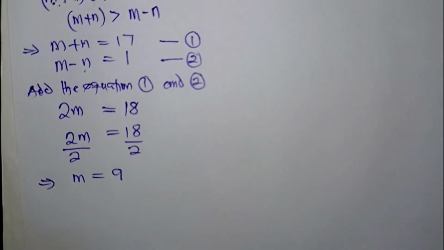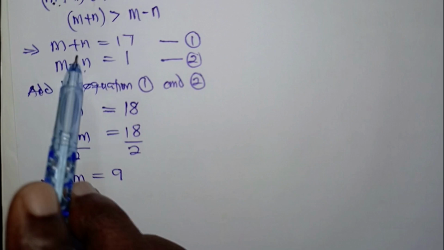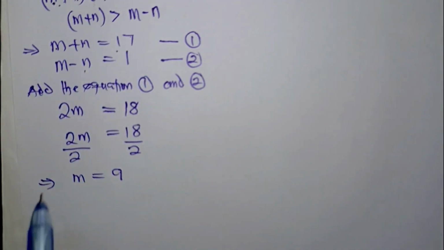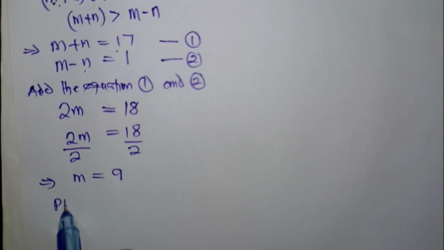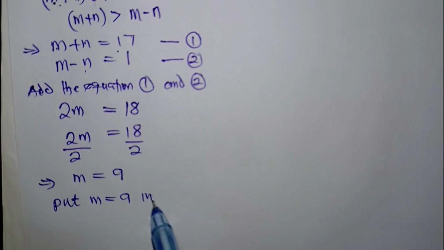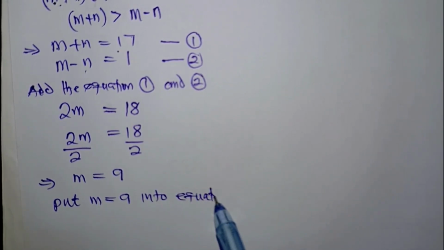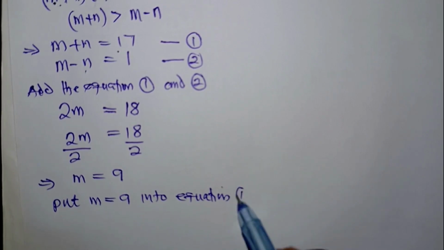You see that we have found the value for the first variable, which is m. So let's find the second variable by substituting into either of these two equations. Here we can put m equals 9 into equation 1.